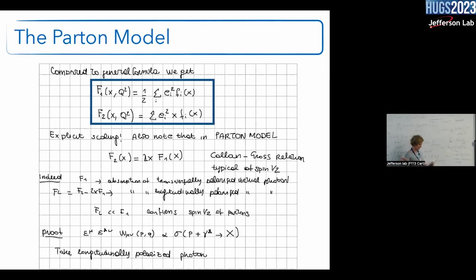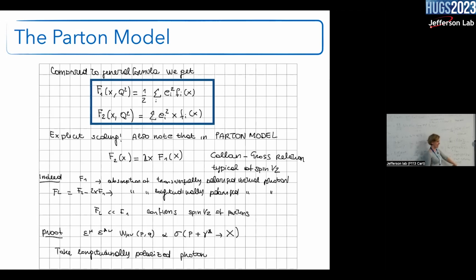Because, and again, that's something that I don't want to go through now because I would waste the whole time doing that. But I did it explicitly because whenever people said that proves that the partons are spin 1/2, I never understood why, to be honest. And I said, yeah, of course it's true.